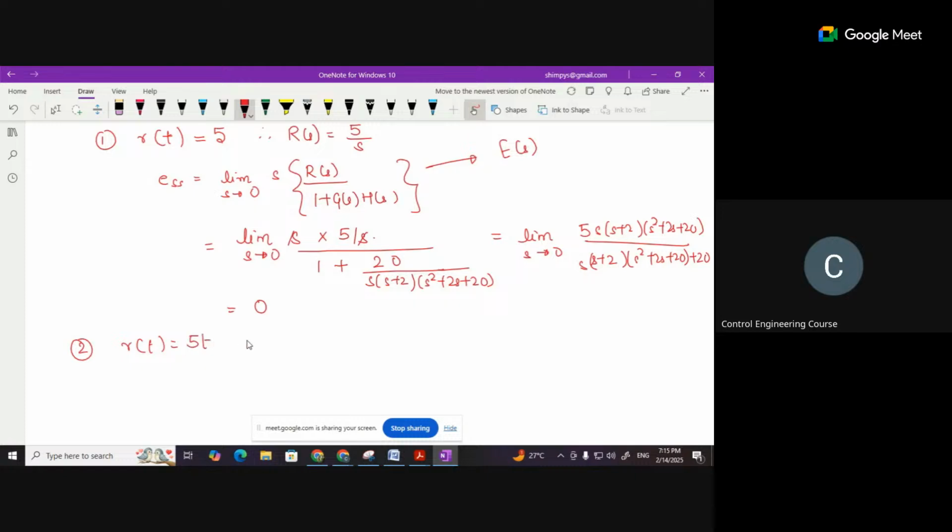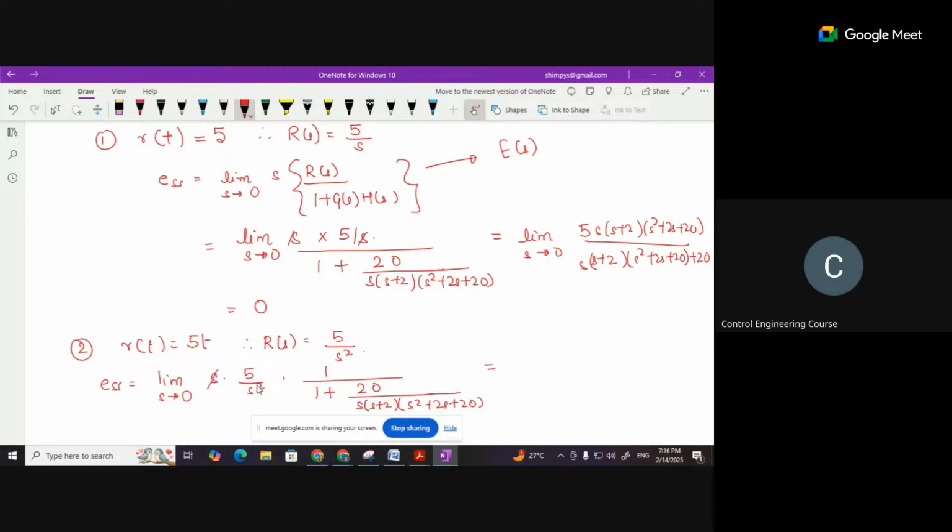Now for the second input, which is 5t, what will be the Laplace transform of that? 5 by s square. So again, put the values and find out the steady state error, and let us see what we'll get. So this is s into 5 by s square into 1 by 1 plus 20 by s plus 2, s square plus 2s plus 20.